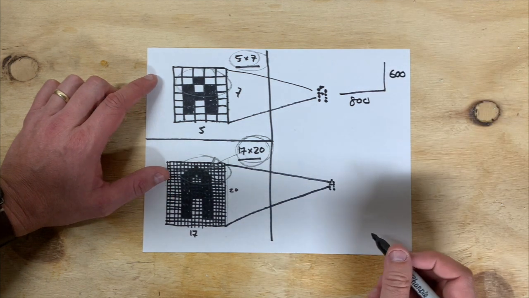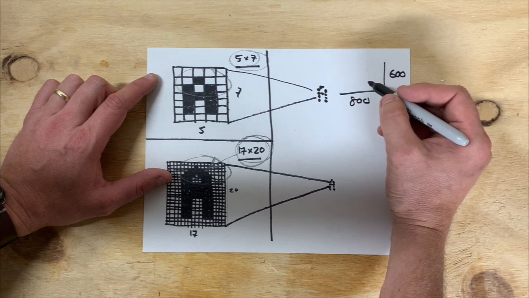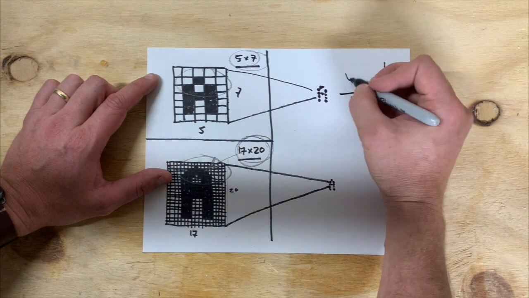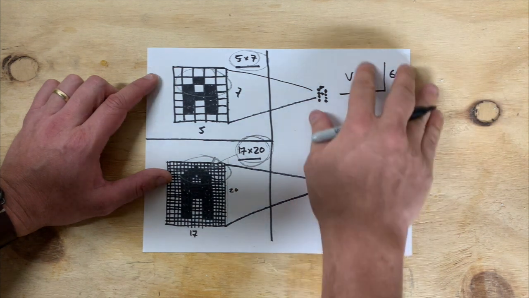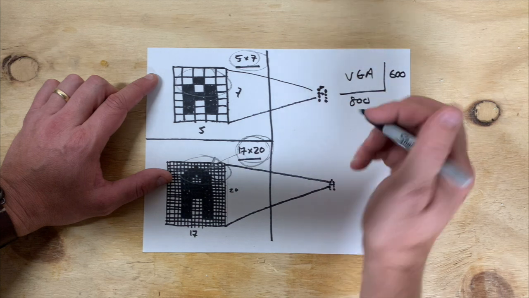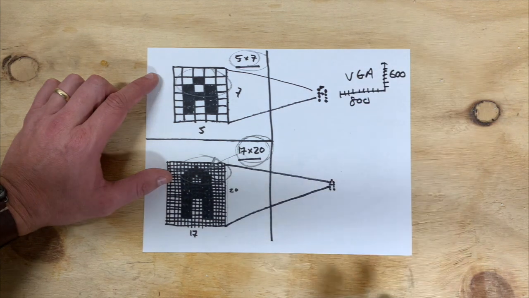I think this was what we called a VGA resolution for a television output, 800 lines in this direction by 600 in this direction.